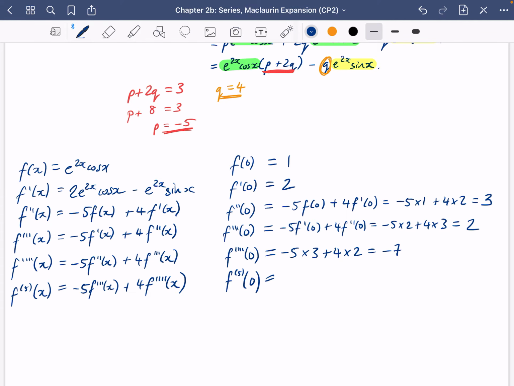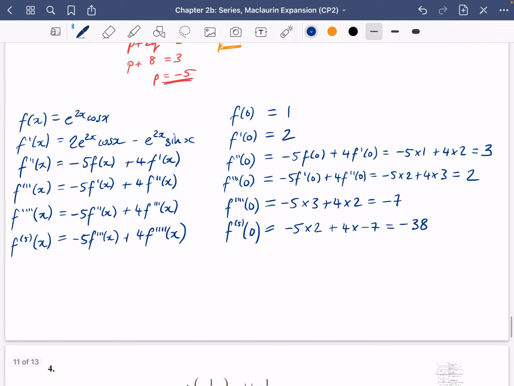And then for the fifth derivative, it's going to be minus 5 times f triple dash, which is 2, plus 4 times f with 4 dashes, which is minus 7. So that is minus 10, minus 28, and it is minus 38. So you've got these patterns of how it's relating to the previous derivatives.